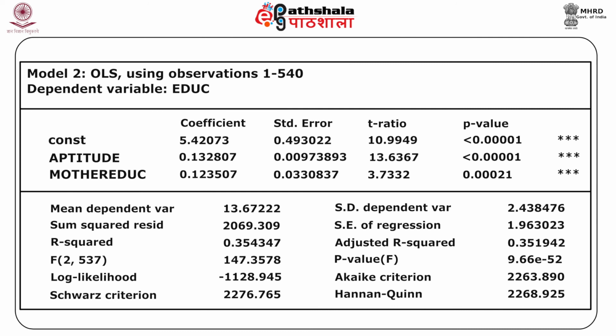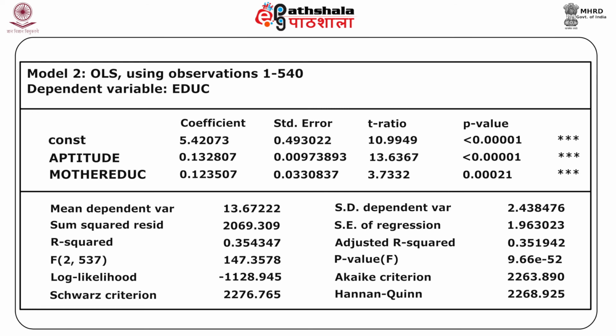But we have added mother's education as an additional explanatory variable, and we have again similar output before you. We can see from this that the mother's education also has a role to play in influencing the level of an individual's education. This is clearly seen in the results above.